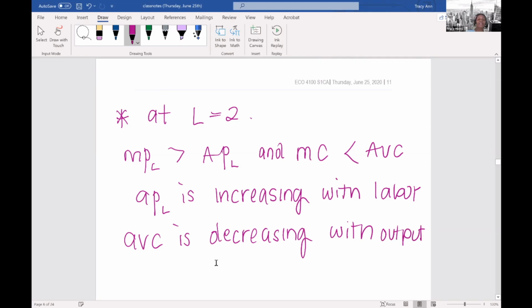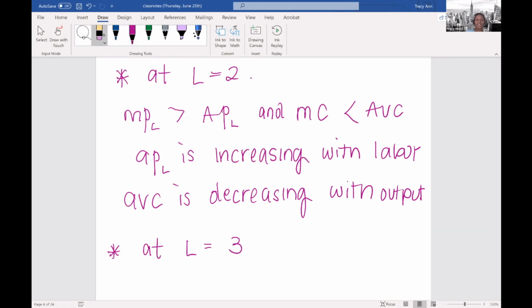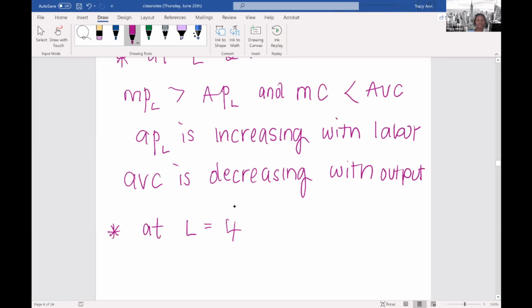Similarly, at L equals 3, well, let me do 4 before I do 3, and you'll see why. At L equals 4, I notice that my marginal product of labor is less than my average product of labor, and my marginal cost is greater than my average variable cost.